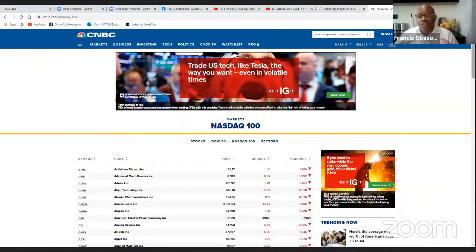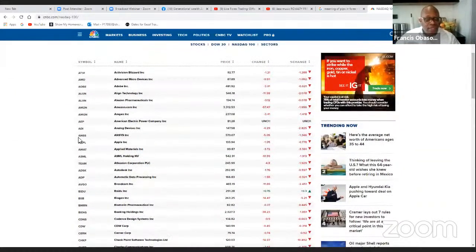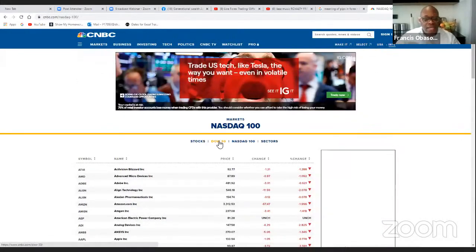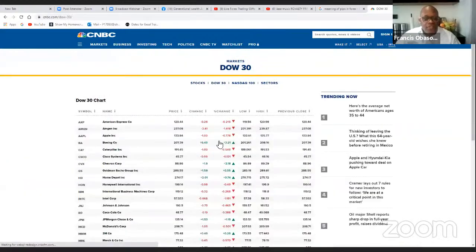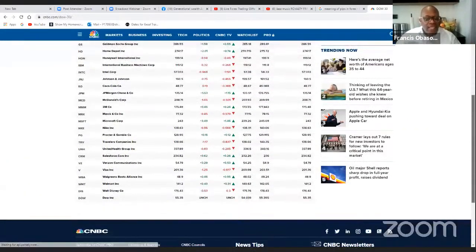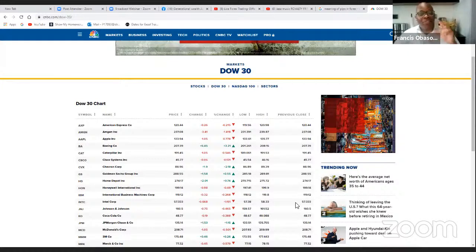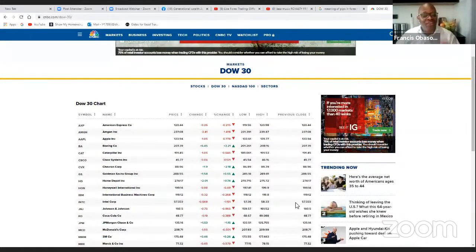You tend to learn and know it more. So I want you to find out what sort of companies make up the NASDAQ. Like we see here, NASDAQ 100 basically means there are 100 listed companies. If you go to the Dow 30 or US 30, there are 30 companies listed there. So do your own research and find out why you have 30 companies listed in the Dow and 100 listed in the NASDAQ.